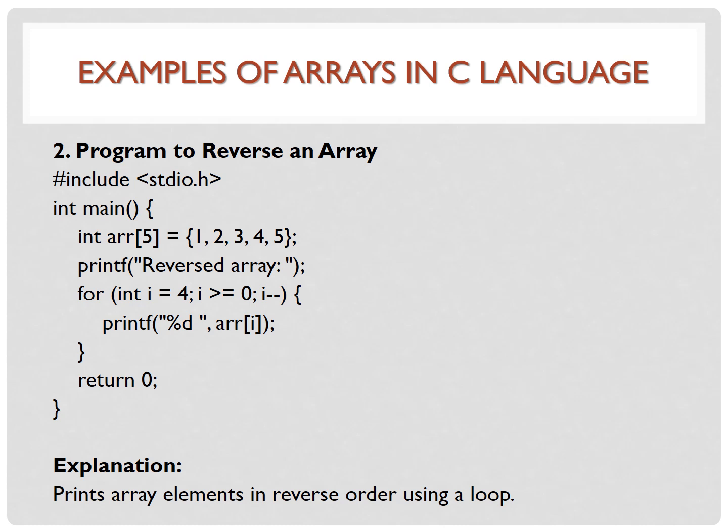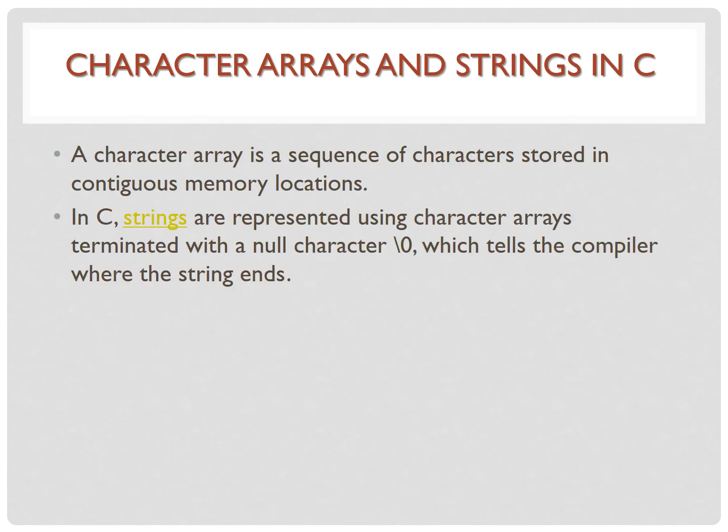And %d formats the integer followed by a space. So all elements are printed on the same line separated by spaces. And the last statement returns 0, which ends the main function and returns 0 to the operating system, signaling successful execution. And the explanation is, it prints array elements in reverse order.